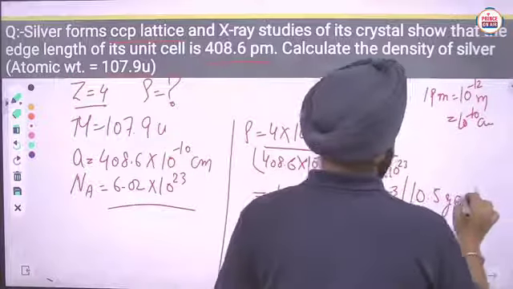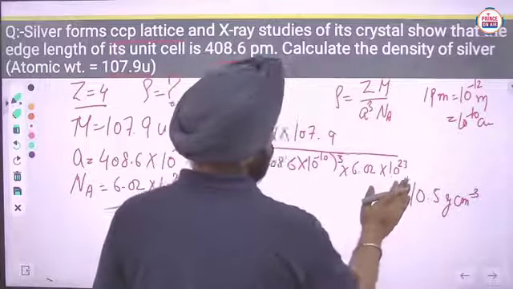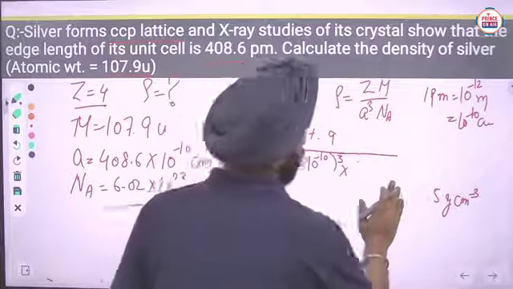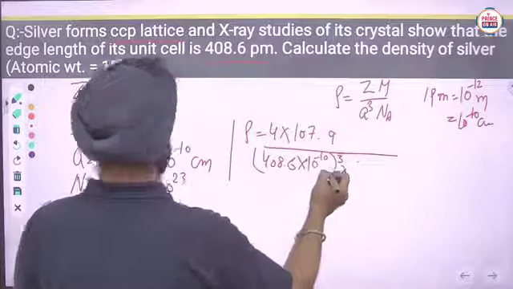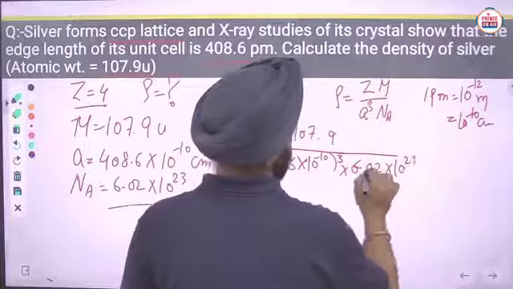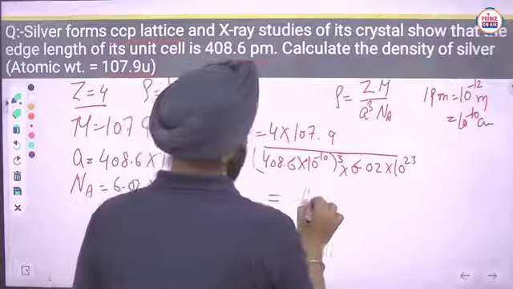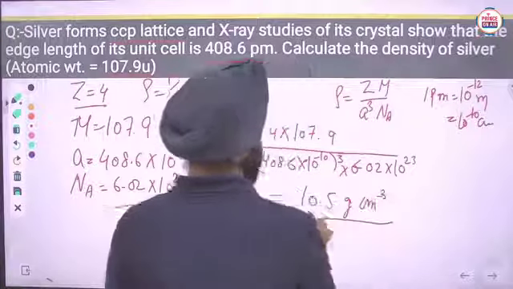That will be more appropriate as compared to this one. So the answer comes out to be 10.5 gram per cubic centimeter.